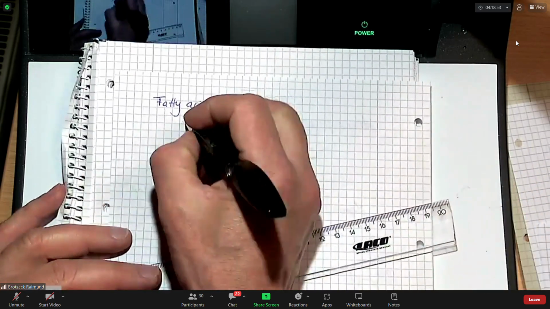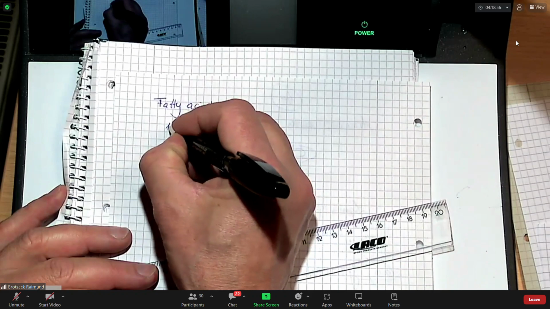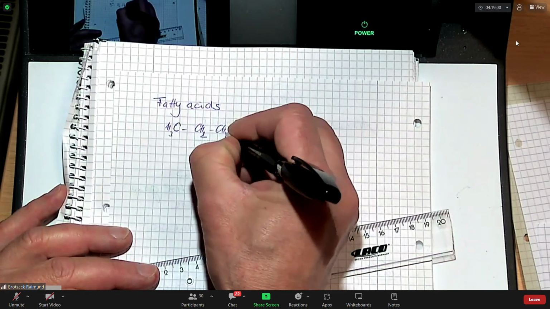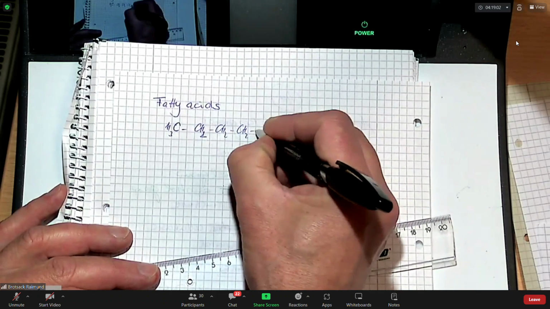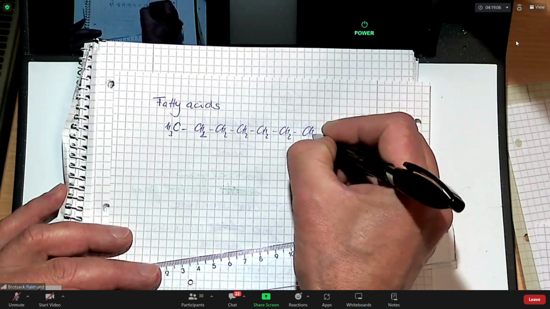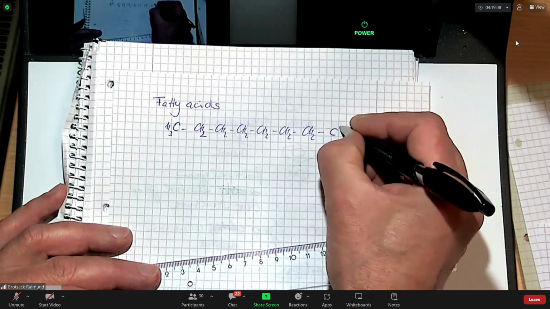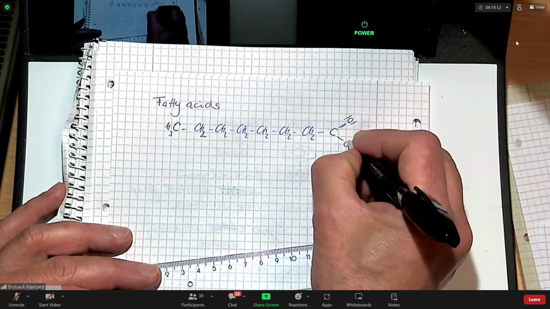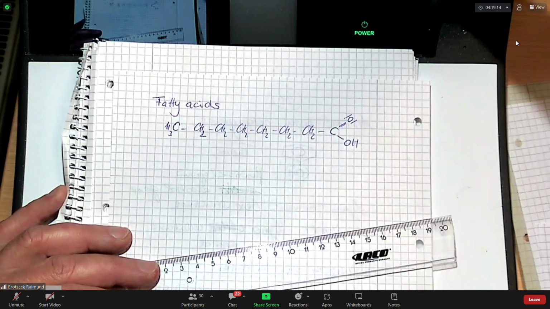So this is just the long chain. You have CH2, CH2, CH2, CH2, and then the carboxylic acid, COOH. So very long chain.